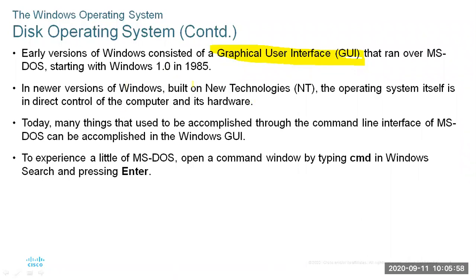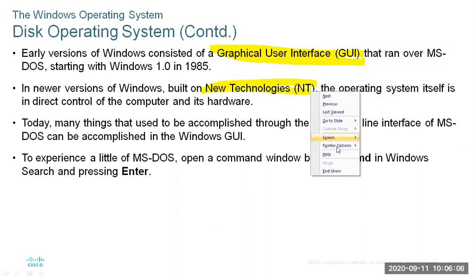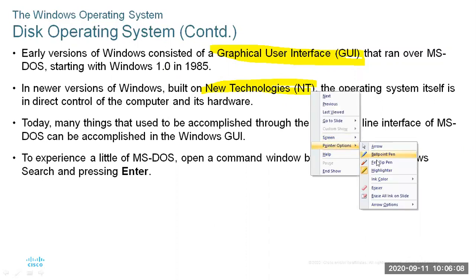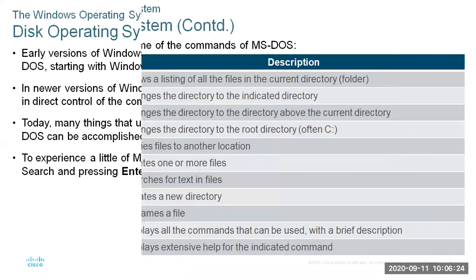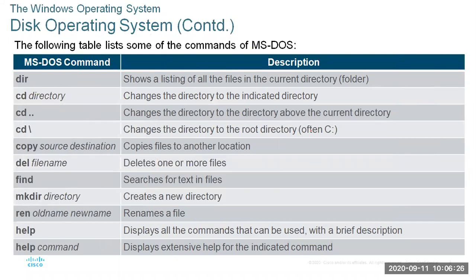So from there we had newer versions, which is Windows NT, and Windows NT was later upgraded. The whole idea is that today many things that used to be accomplished through the command line interface of MS-DOS can be accomplished through the Windows graphical user interface.